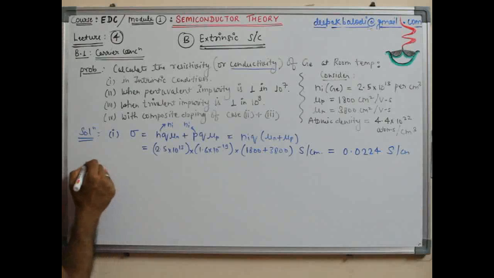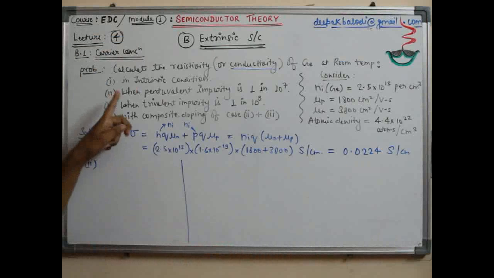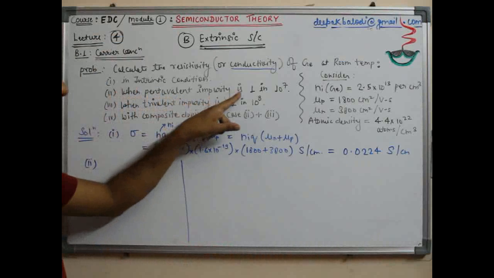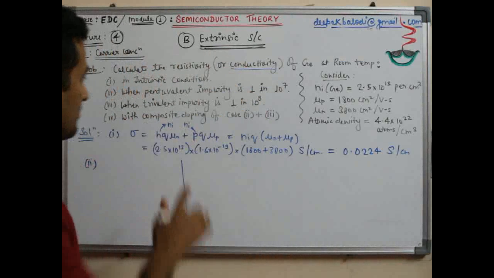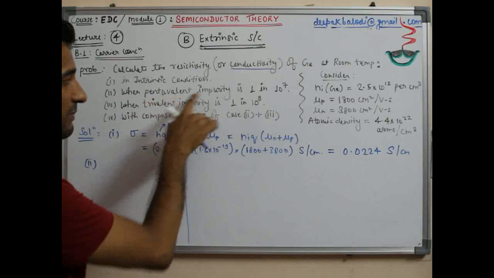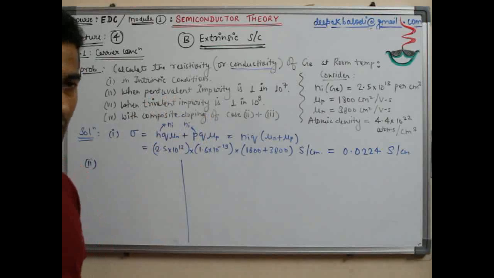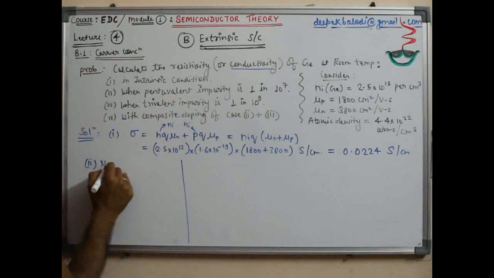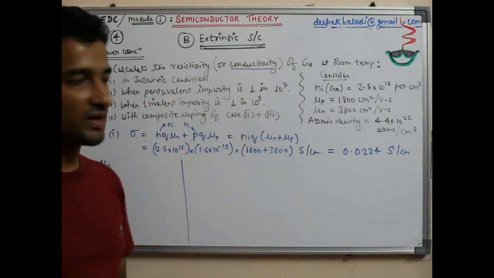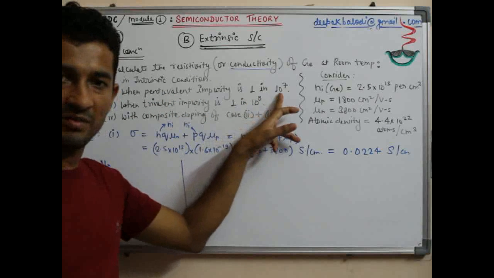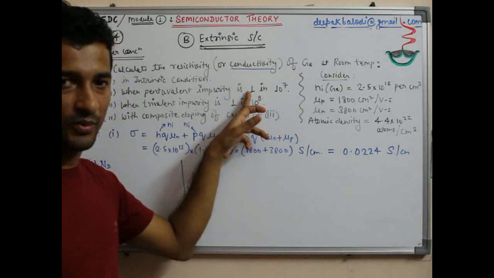Okay, then let us come to the second case. The second case says that the pentavalent impurity is 1 in 10 to the power 7. So we have to again calculate the conductivity, but for this case. So you are doing pentavalent impurity doping, that means donor impurity Nd, and that is 1 in 10 to the power 7, meaning out of 10 to the power 7 germanium atoms we are doping 1 impurity atom.